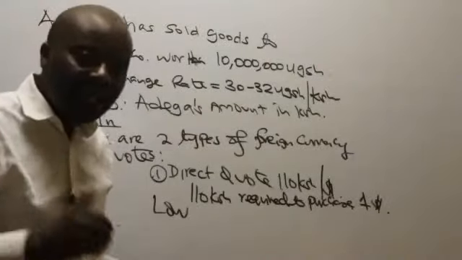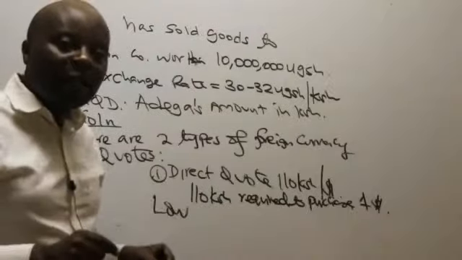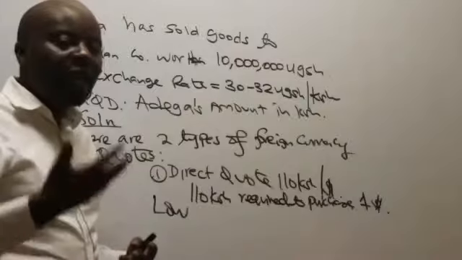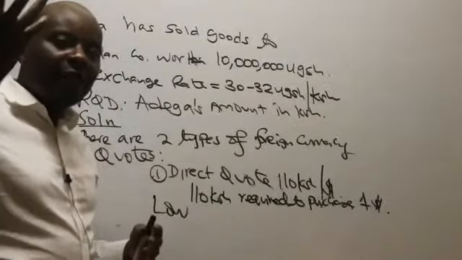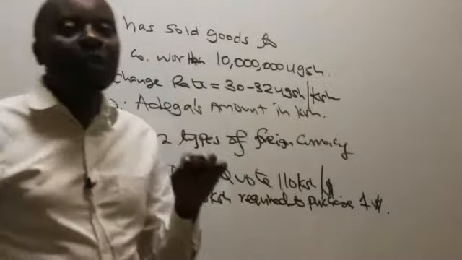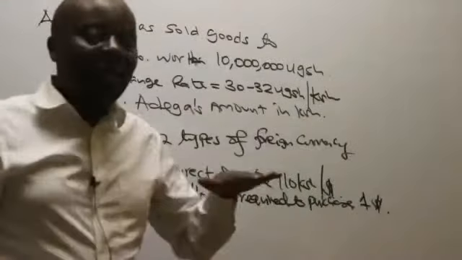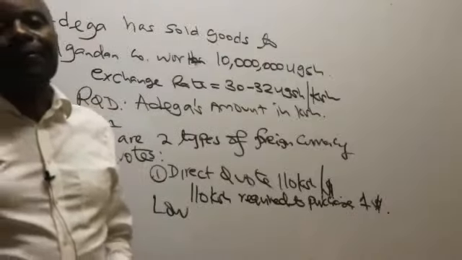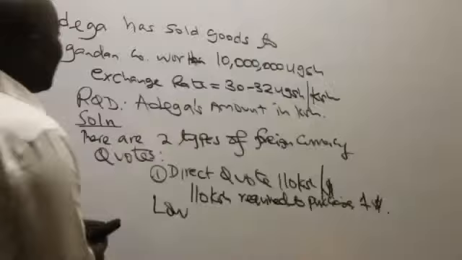For direct quotes or quotations, banks will always buy low, a lower figure, and then they sell this particular commodity at a higher rate to be able to make a profit. So for direct quotations, banks buy low and they sell high to make a profit. Full stop. Give me another dash there.